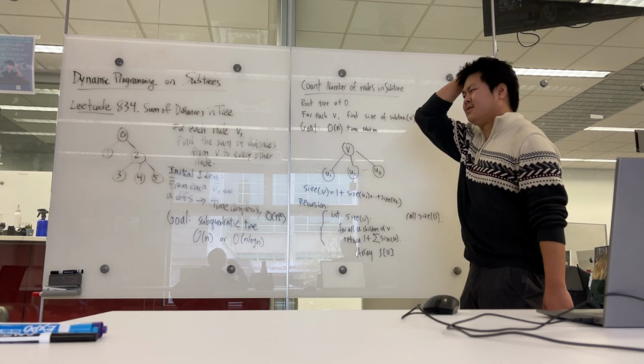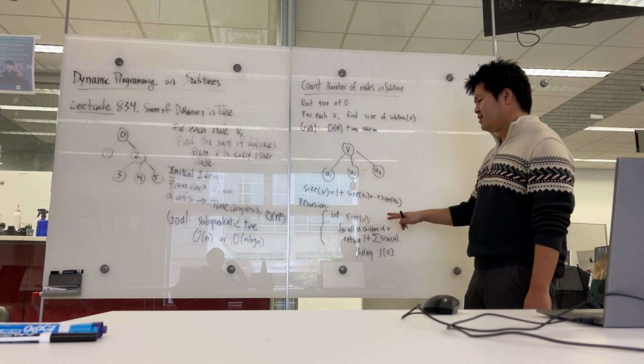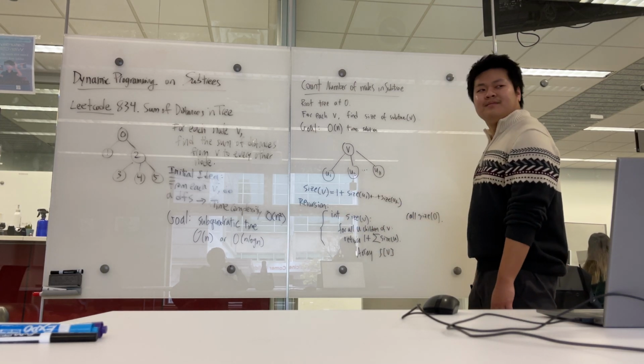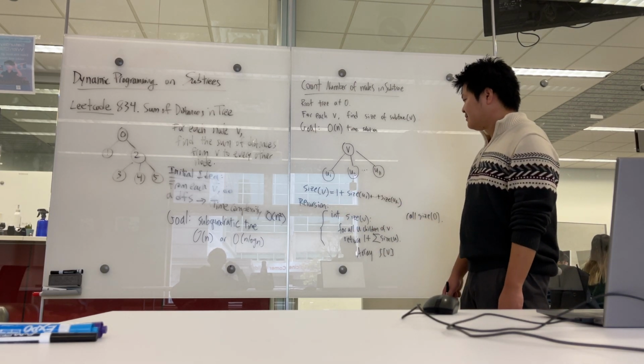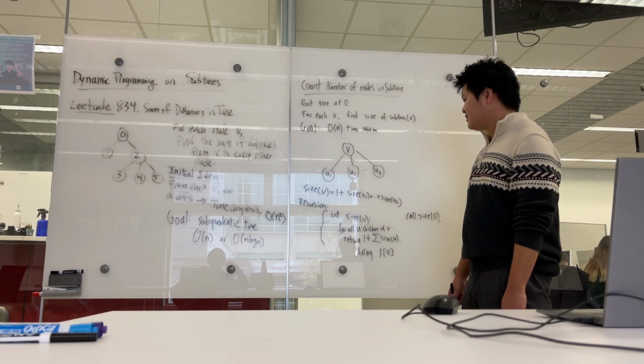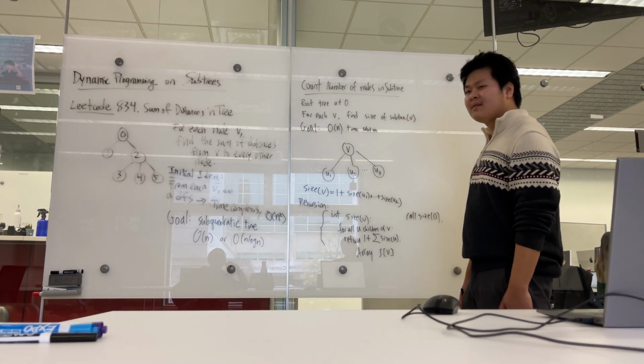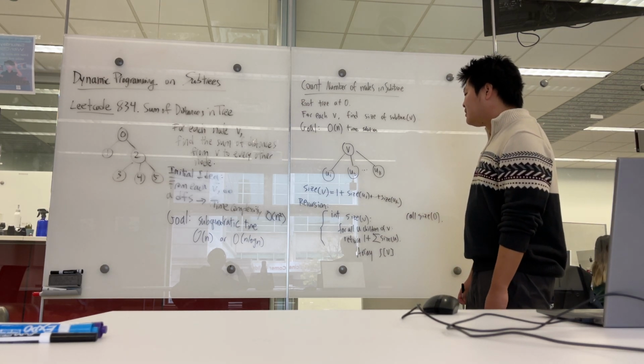But in this case, because it's a tree, you're right, this is the same as a regular DFS. Also, I think we need to find the size for each V, right? So size of 0 is O of V, but if we had to find size of 0 and size of 1 and so on, that would be V squared. But with the DP, it would just be linear. Yeah, exactly.